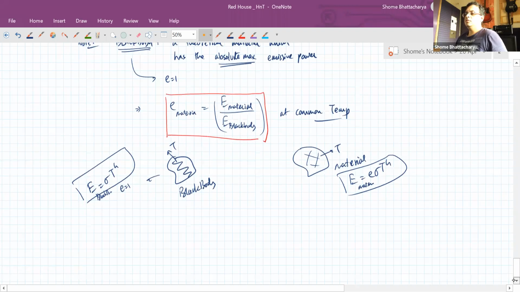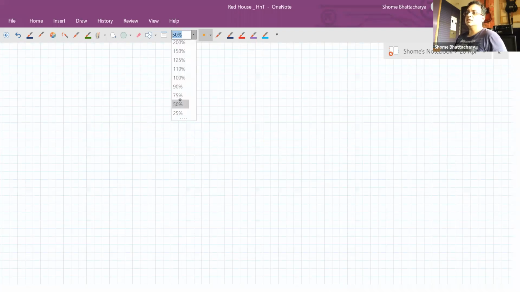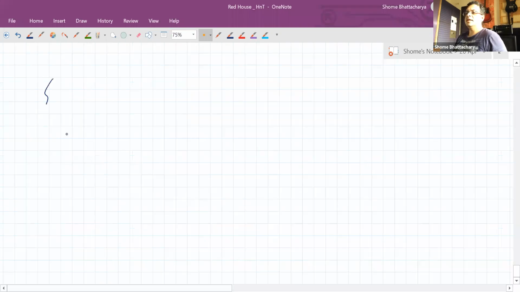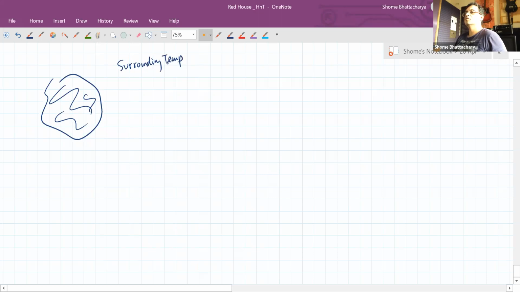Now, the other part about radiation which we are discussing is that while any material is constantly emitting, it is also constantly absorbing. So if the surrounding temperature, the surrounding environment in which it is, is T0, whereas the surface temperature we had seen was T, but now we are more interested in the surrounding temperature, T0, in Kelvin. Then the material also has something called an absorptive power.